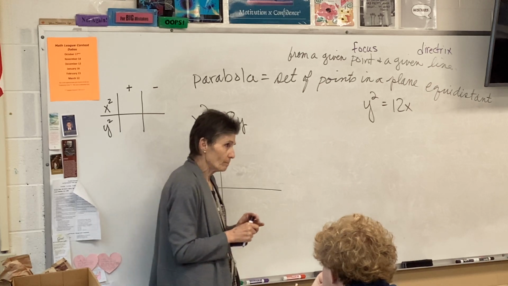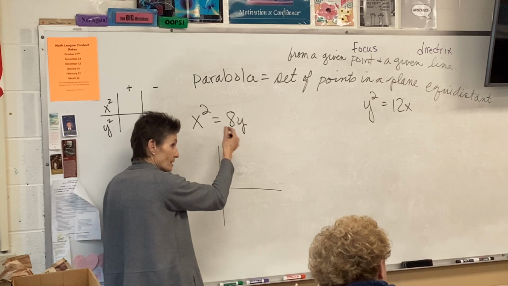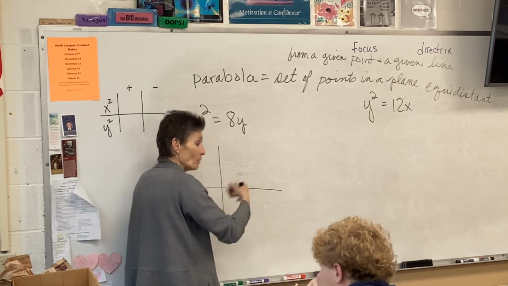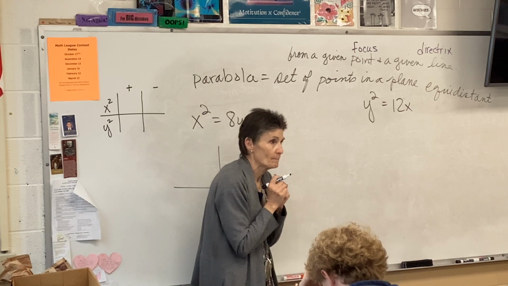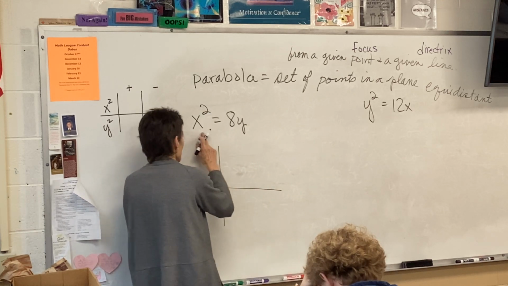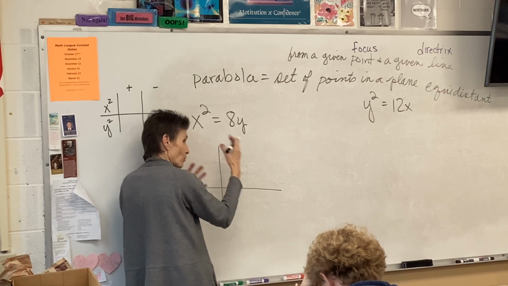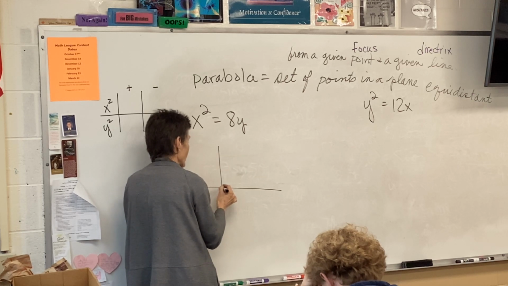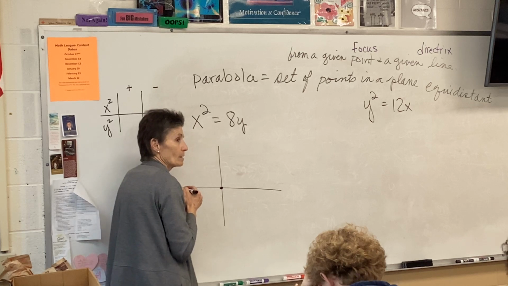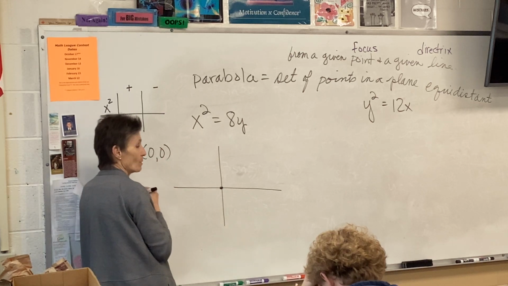In a circle, if you didn't have any pluses or minuses in the problem, where was the center of the circle? At the origin. Same thing here. If there's no adds or subtracts, your vertex is going to be at the origin.